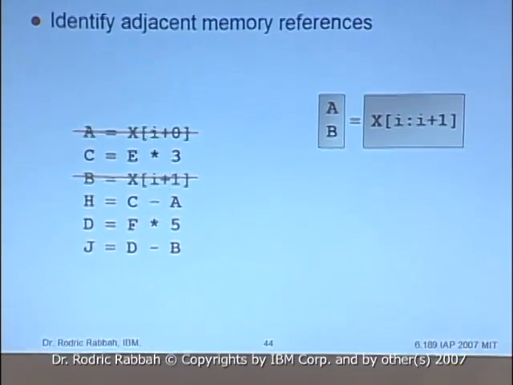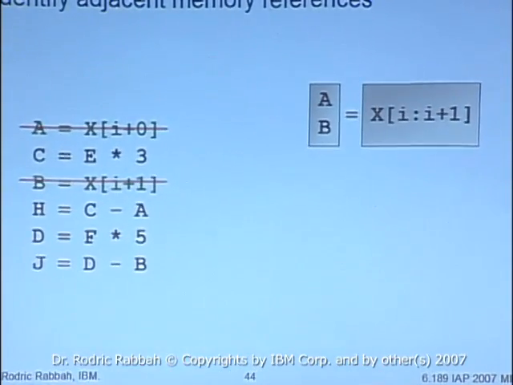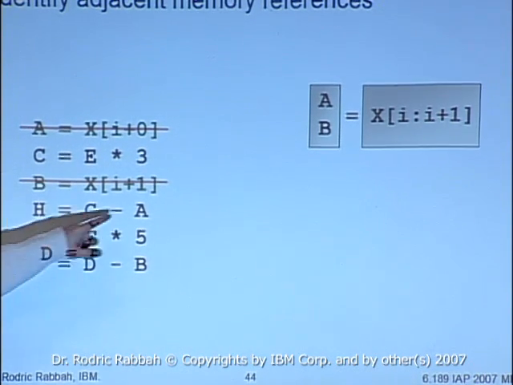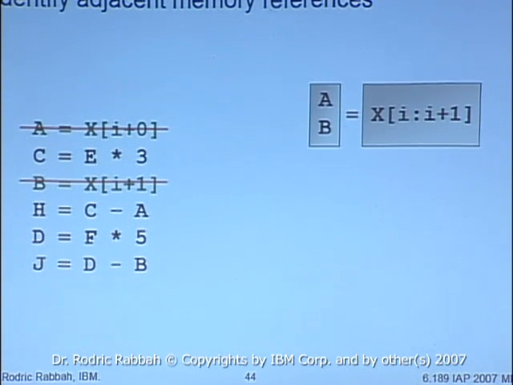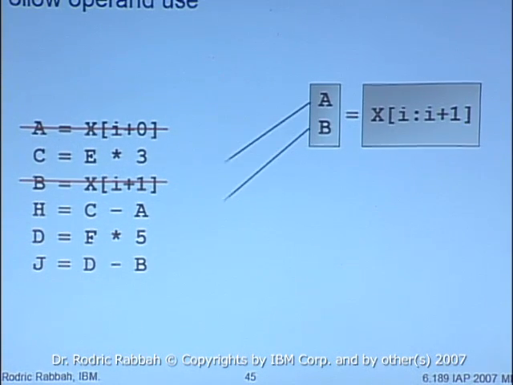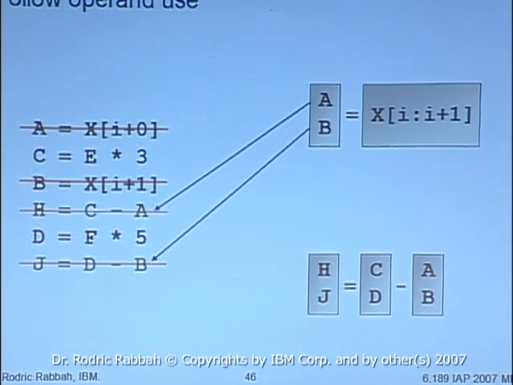And then I can look for opportunities where I can propagate the values in this vector register that's holding A and B. The way I do that is I look for uses of A and B. In this case, there are these two statements. So I can look for opportunities to vectorize that, and both of these instructions are also vectorizable.